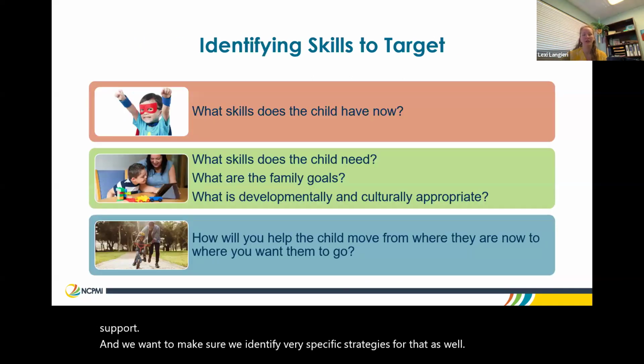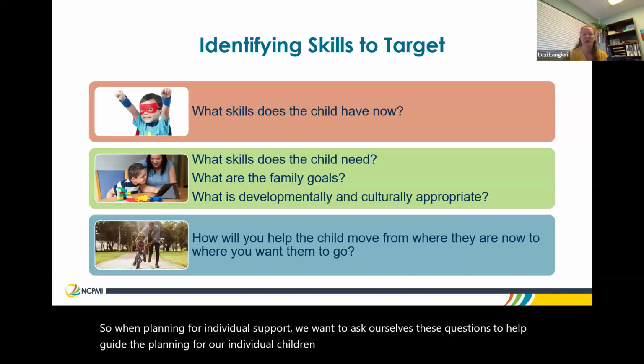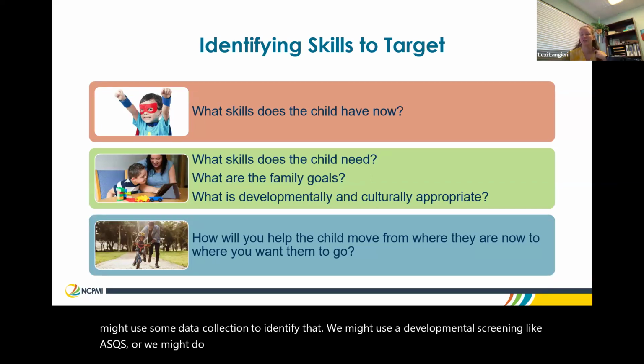So when planning for individualized support, we want to ask ourselves these questions to help guide the planning for our individual children. What skills does the child have now? We might use some data collection to identify that. We might use a developmental screening like ASQs, or we might do observations in a natural environment, in the classroom or at home. And then we want to determine what skills the child needs.